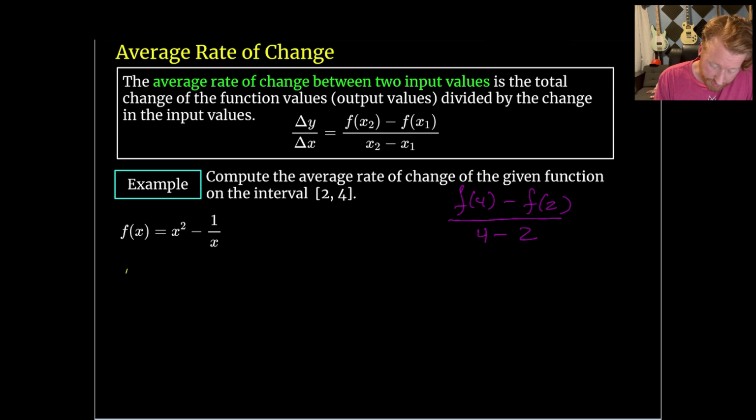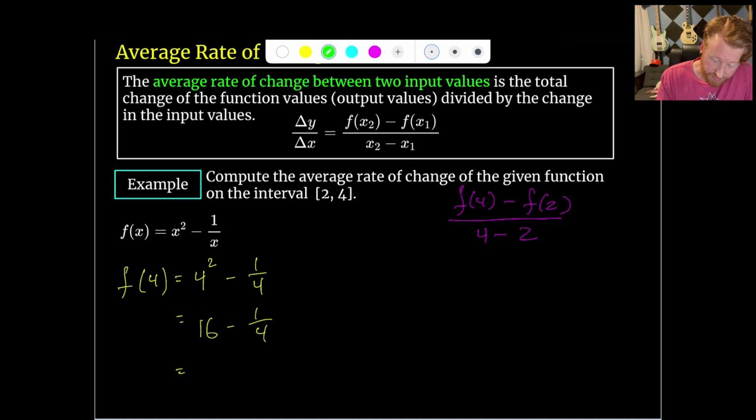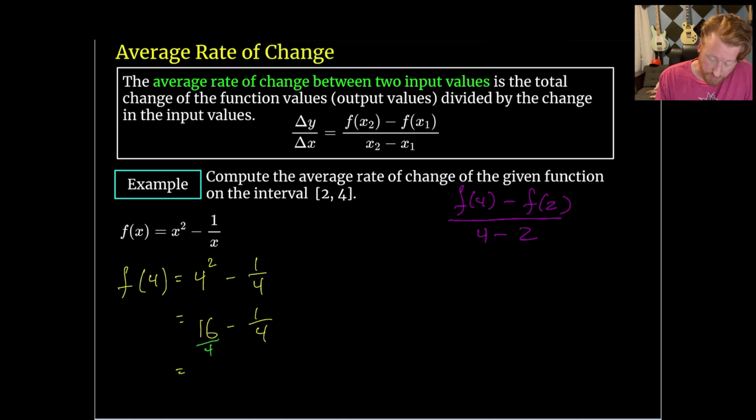So looking at f of 4, this is going to give us 4 squared minus 1 over 4, which is going to give us 16 minus 1 over 4. If I get a common denominator here, meaning I want to get a 4 worked into the denominator of this 16, but if I do anything other than multiply 16 by some form of 1, I would change the value.